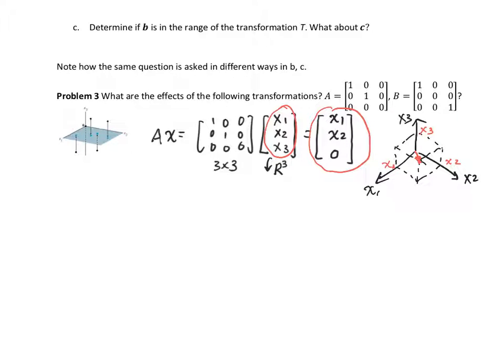So where is that at? That's this vector. So it's on the x1, x2 plane. So basically, it's just the projection of this original vector onto the x1, x2 plane. So this is what it does.